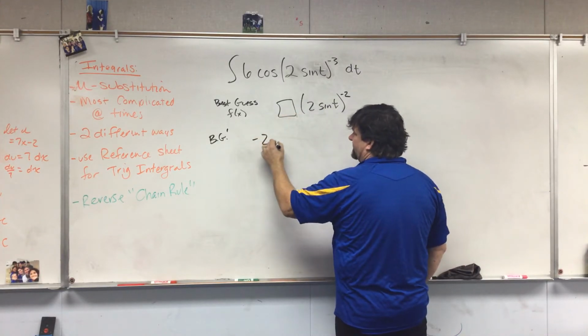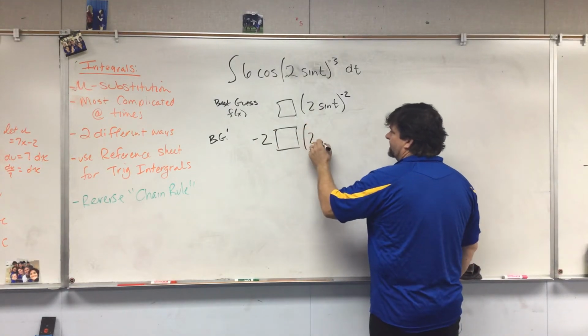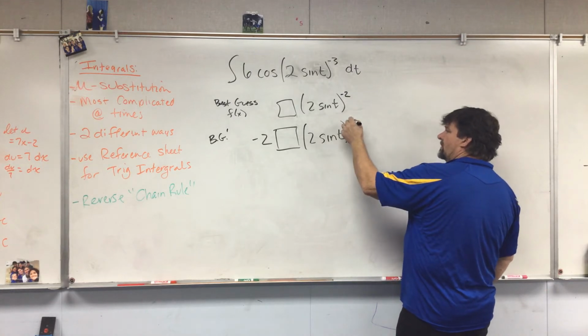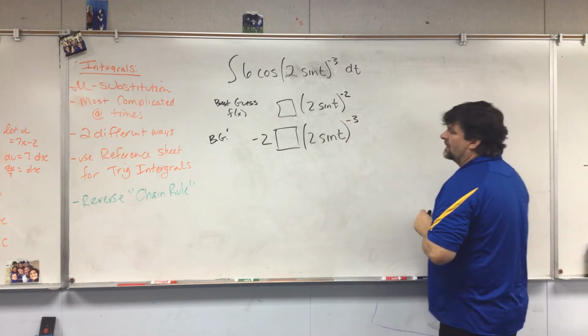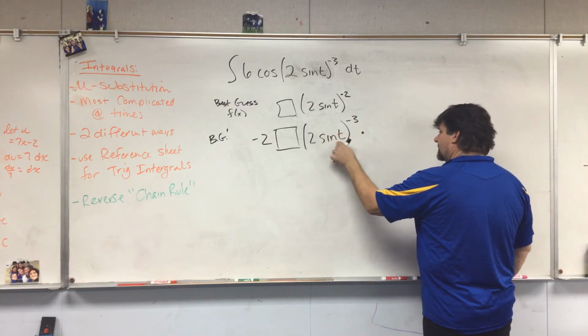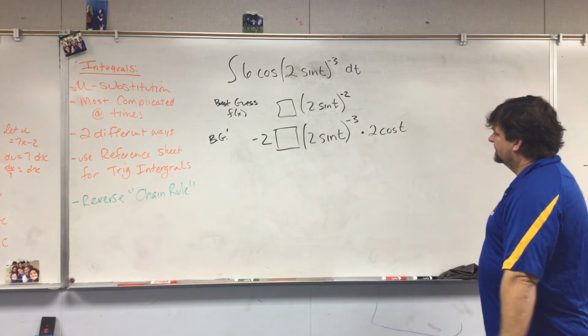So we're going to go -2, the missing piece, times 2 sine of t, power rule, times the derivative of the inside, which is going to be 2 cosine of t.